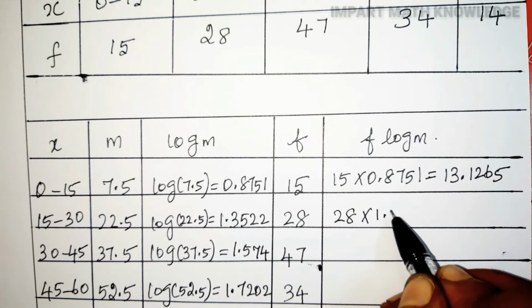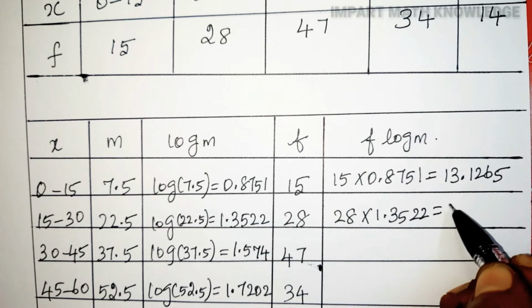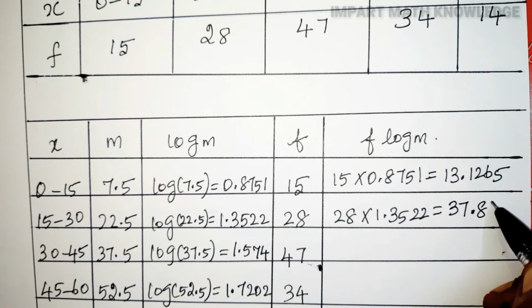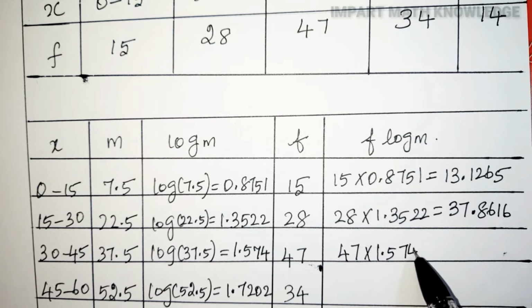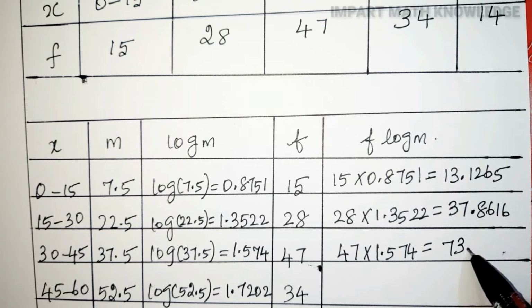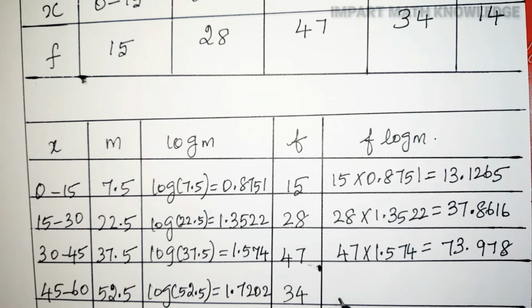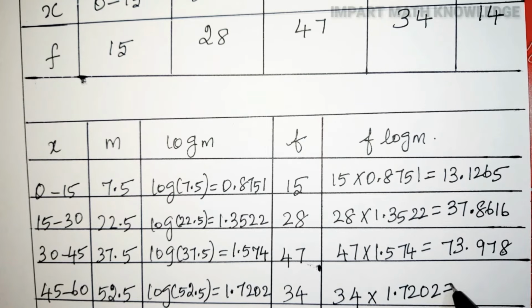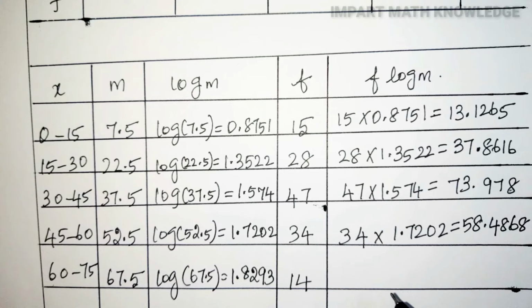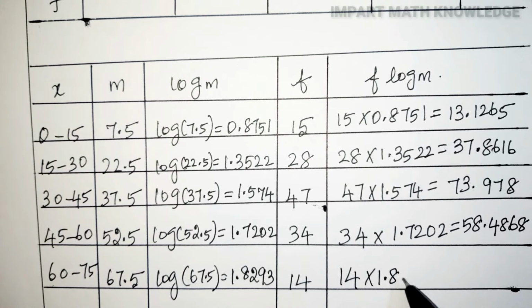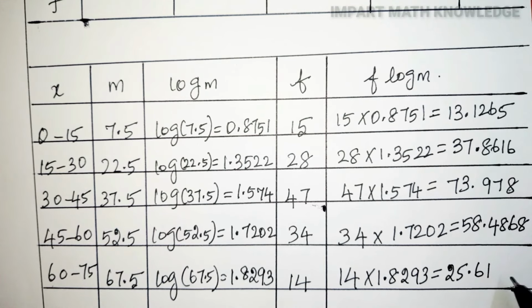28 into 1.3522 is equal to 37.8616. 47 into 1.574 is equal to 73.978. 34 into 1.7202 is equal to 58.4868. 14 into 1.8293 is equal to 25.6102.